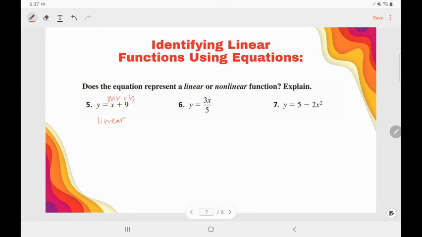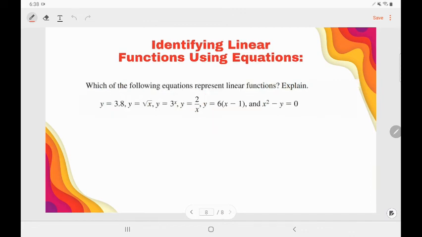There is a fraction, but is there a variable in the bottom of that fraction? If the answer is no, and there are no exponents or anything like that, then I'm going to automatically go for linear. The reason it's linear is because it can be written 3 over 5 x. I can pull my fraction in front of my variable. Last one, the variable has an exponent, so it's automatically nonlinear.